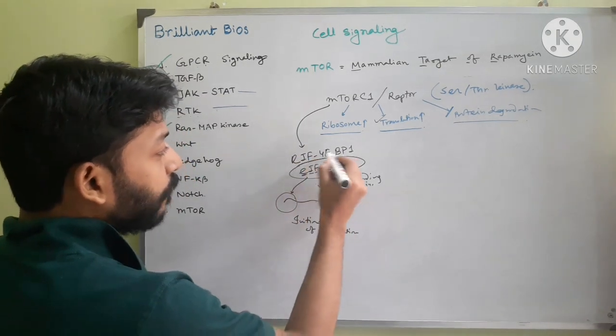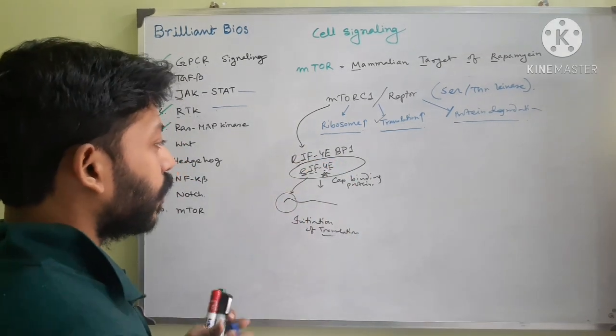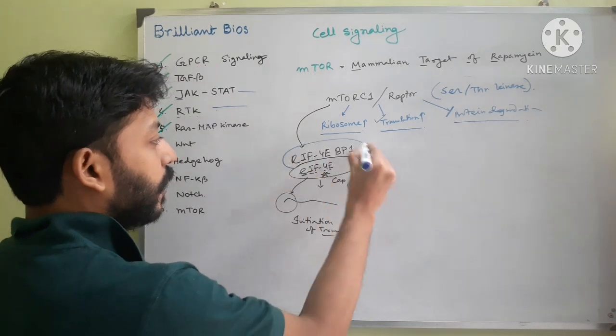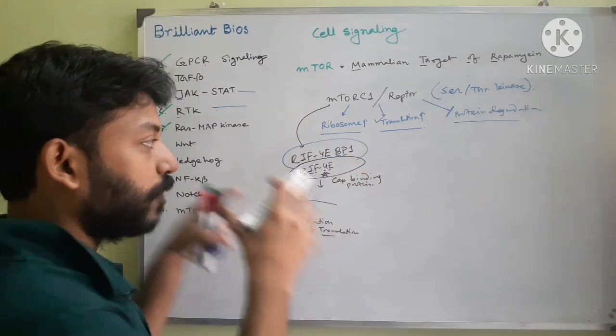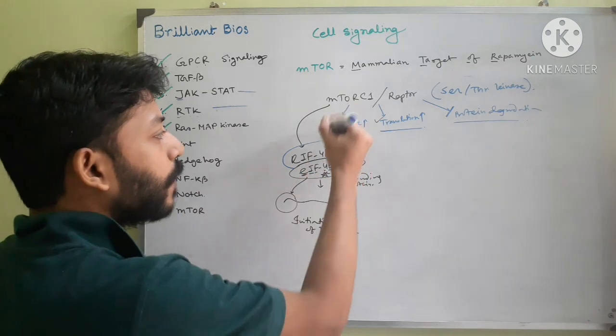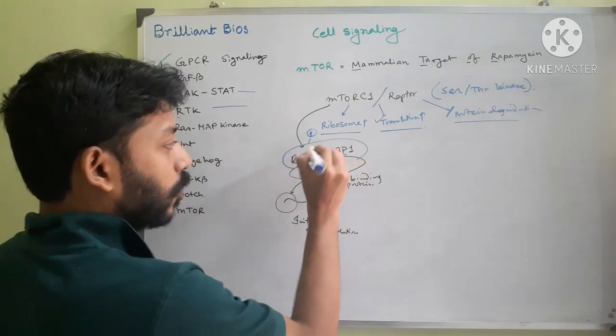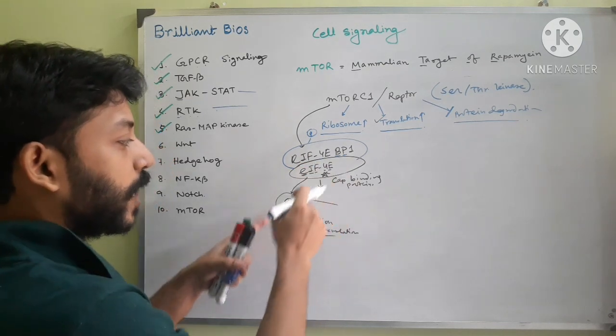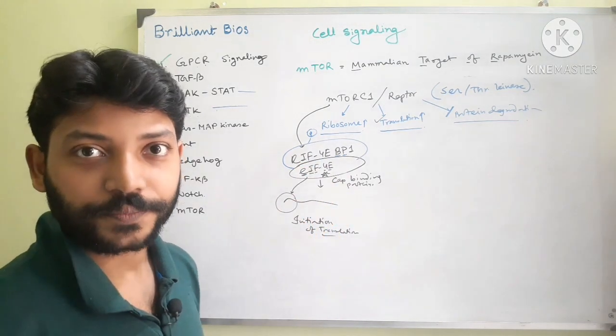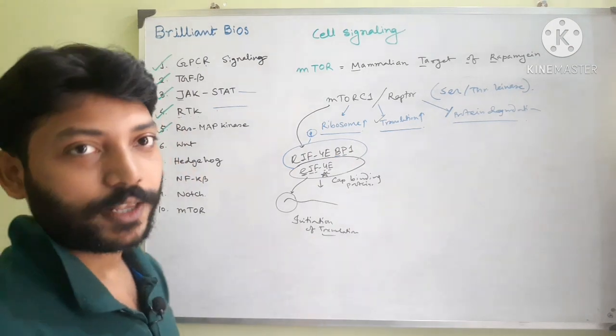But EIF4E-BP is another protein that captures EIF4E. It is a binding protein, so it prevents the function of EIF4E. When mTOR C1 phosphorylates this binding protein, it can no longer bind EIF4E, so EIF4E acts as an initiator protein. By this way it helps in translation.